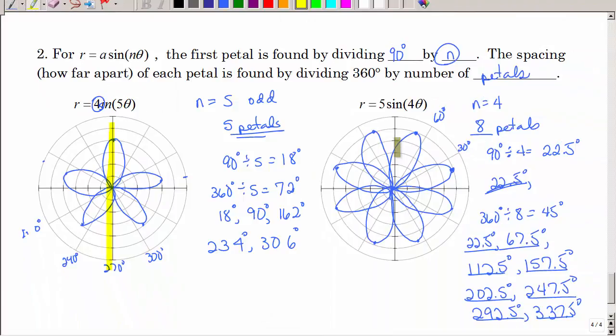Okay, I'm not looking for perfection. Again, it's supposed to be symmetric with respect to the y-axis. So you are going to be held responsible for finding, you have to tell me how many petals there are, you have to tell me the starting point, and you have to tell me the spacing. So yes, a little bit of memorizing.